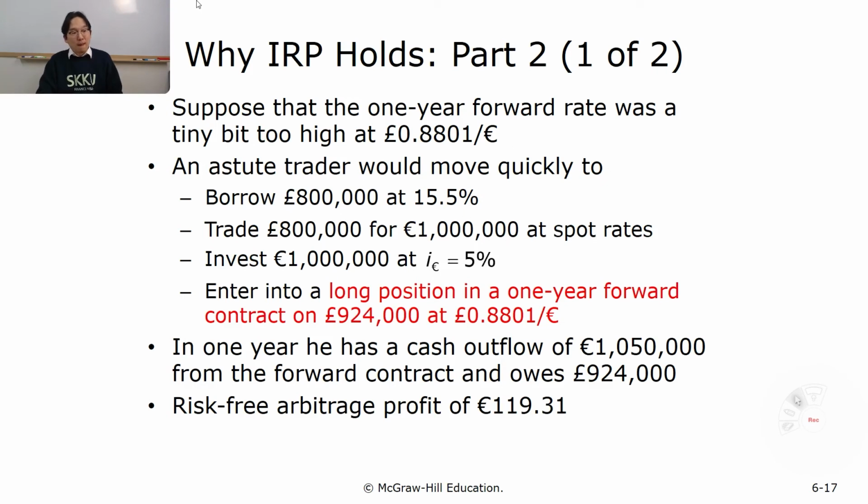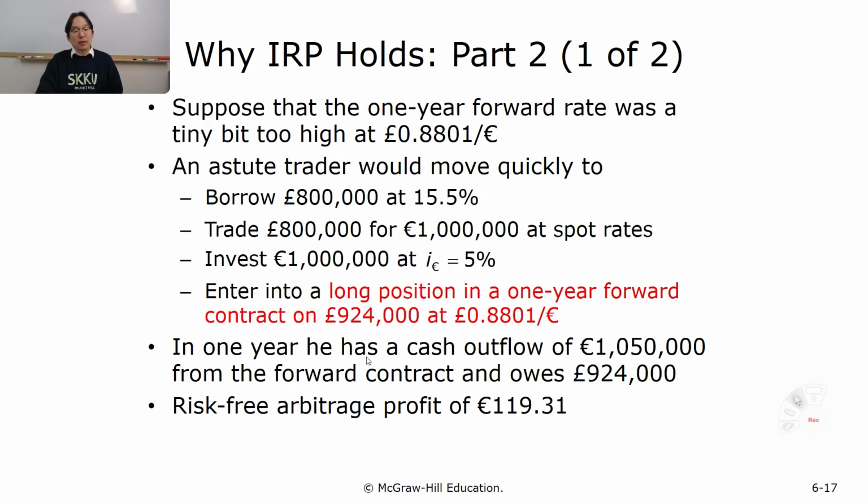And then trade this for 1 million euro at the spot rate and put this money into euro treasury at 5%, and enter into a long position in a 1 year forward contract on 924,000 pounds at 0.8801 pound per euro.